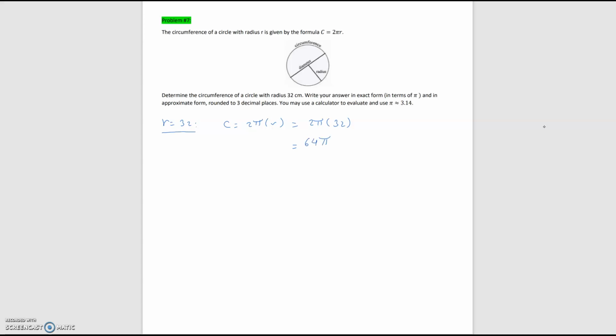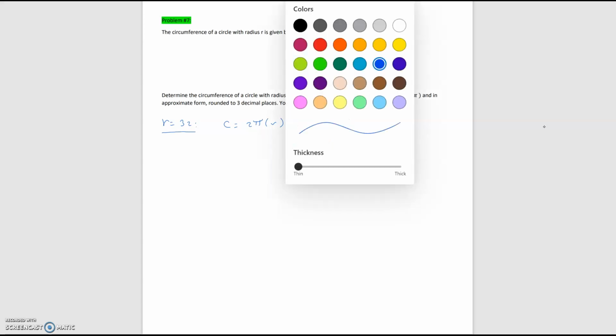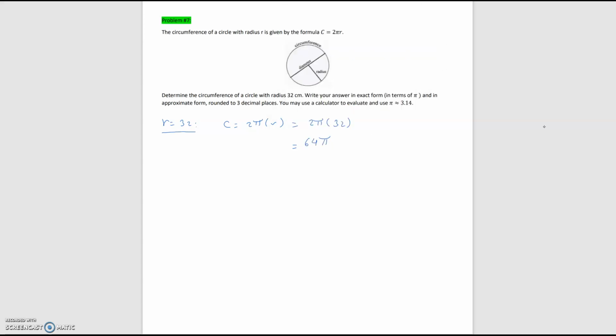And the units are in centimeters. So 64 pi centimeters, that would be the exact answer.